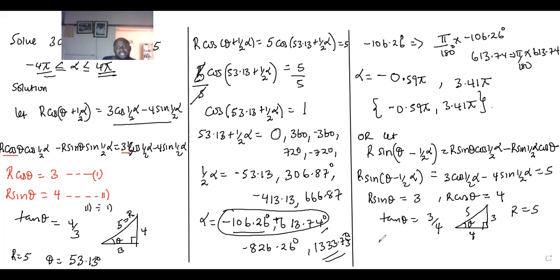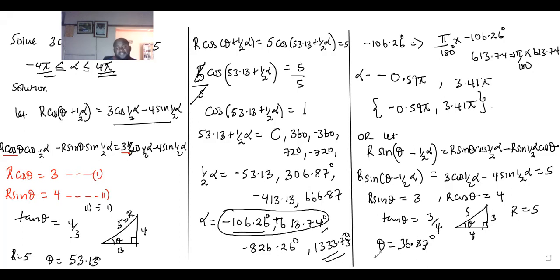So r is the same for whatever method you're using. But what theta do you get now? Should be 36.87.